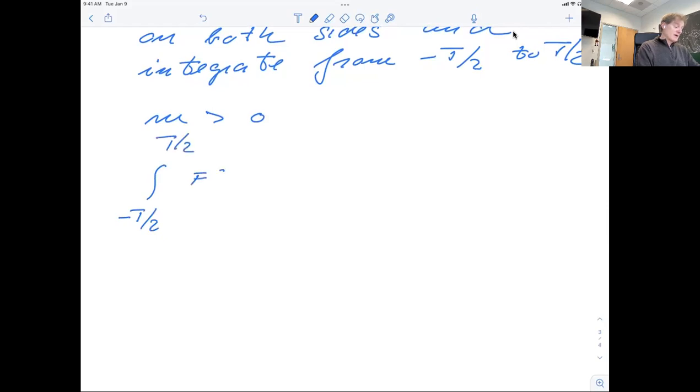So we have our function f of t multiplied by cosine of n omega t dt. So if you now have a mathematical expression for this function f of t, you can actually find the representation of these coefficients a of n in terms of the specific function we're looking at.